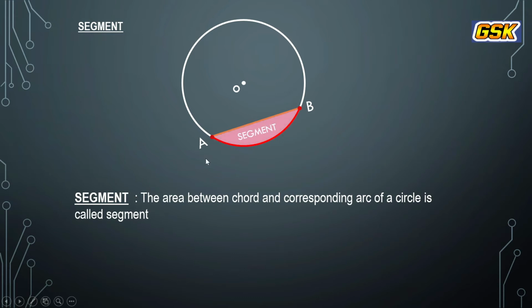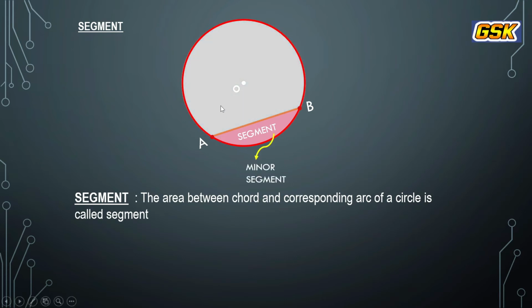And the other part of the circle is also enclosed with chord and arc. This is the smaller portion and this is the bigger portion. So the smaller portion is minor segment and the larger portion is called major segment. So what is segment? The area between chord and the corresponding arc of a circle.